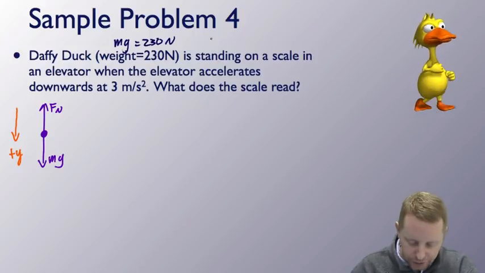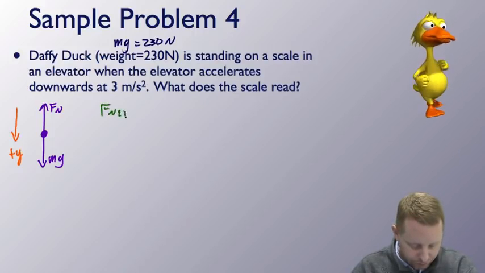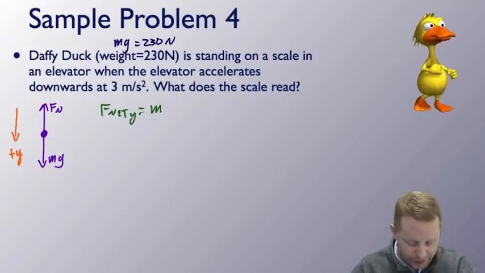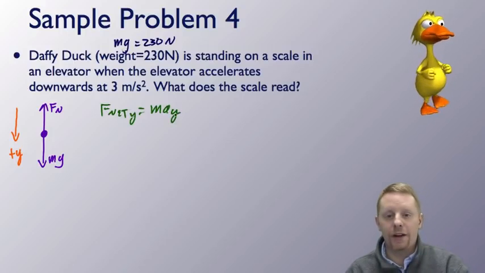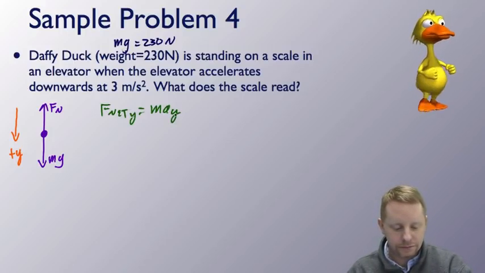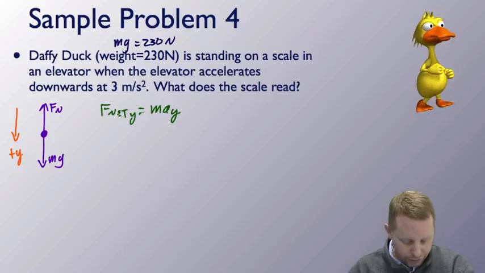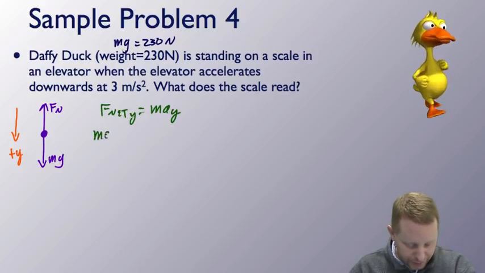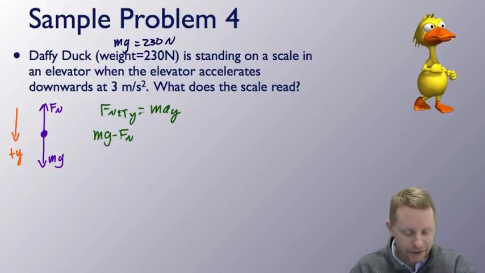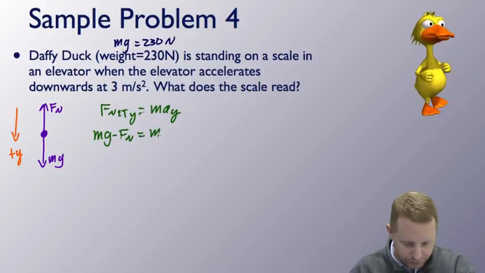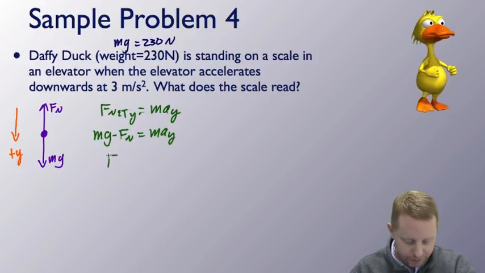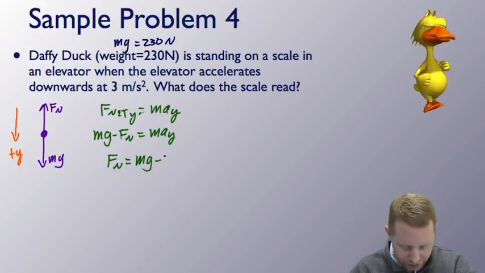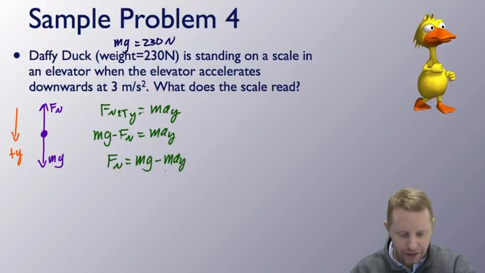So net force in the y direction is mass times acceleration in the y direction. Or replacing F net y now with mg minus Fn equals may, or normal force equals mg minus may.